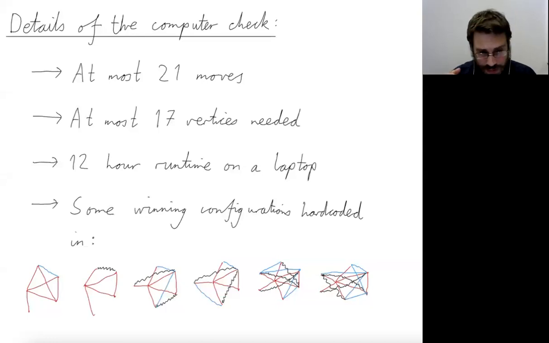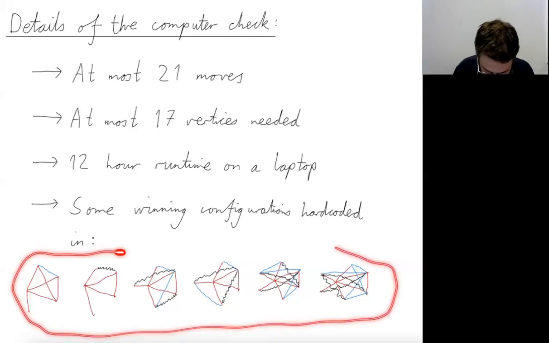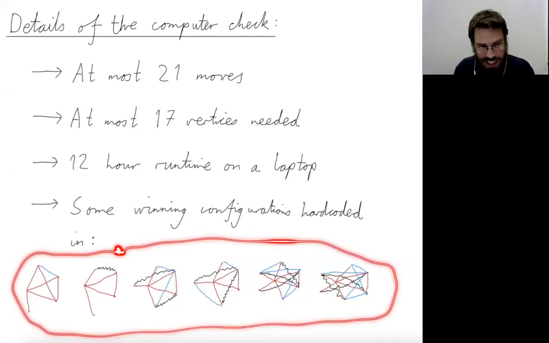For example, I said sometimes, if you have a sequence of threats that you can make and it forces a win, then just make that sequence of threats and force the win. If you actually checked every time you could make a threat, if it's useful to do that, that leads to a huge amount of branching. So instead what we did is we just hard-coded in some list of winning configurations, configurations in which you do have such a sequence of threats with which you can force a win.